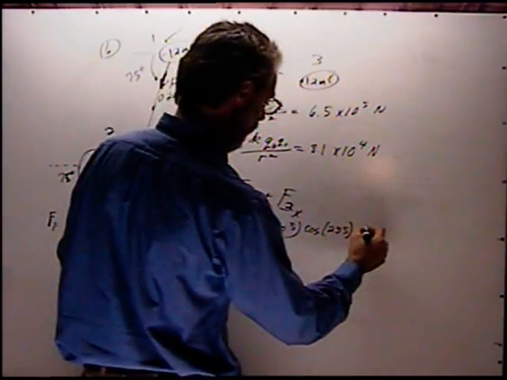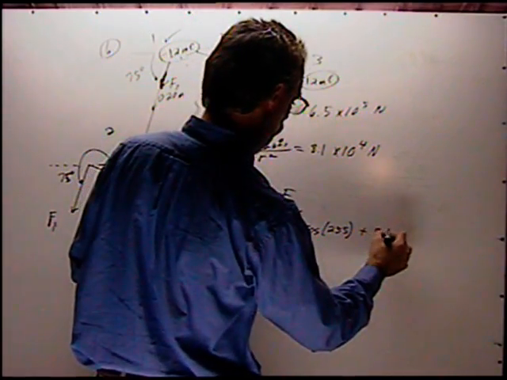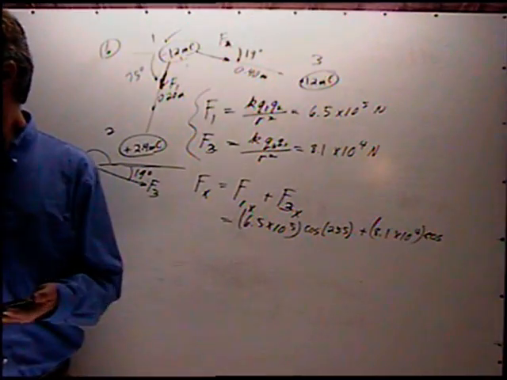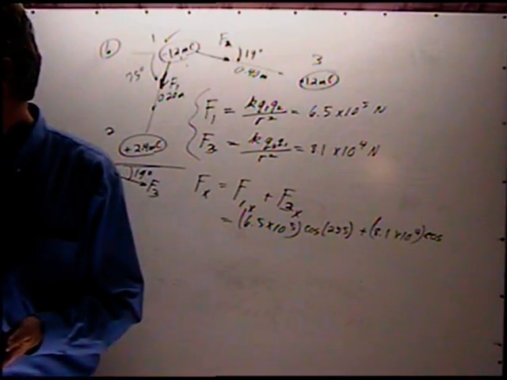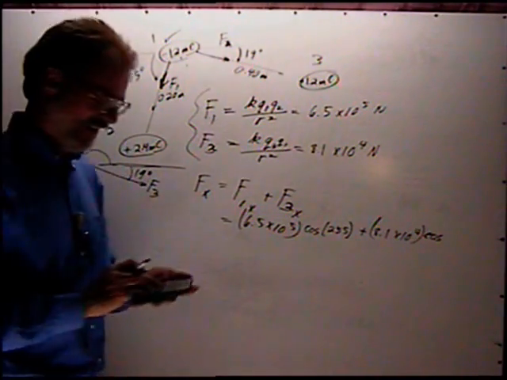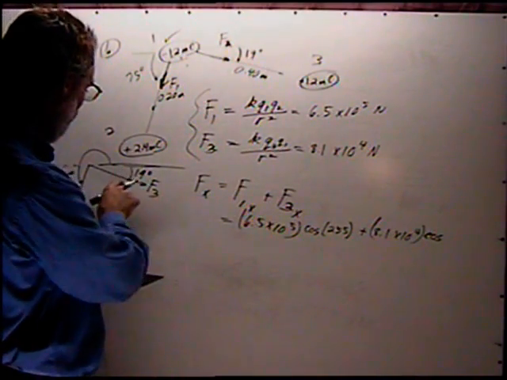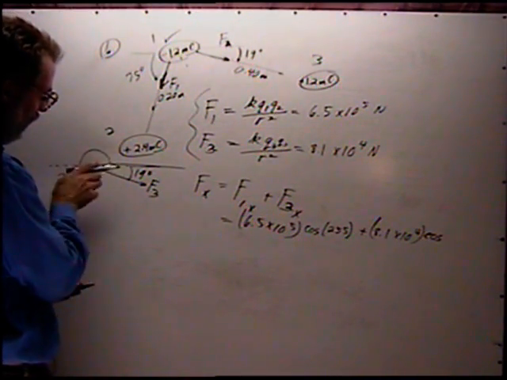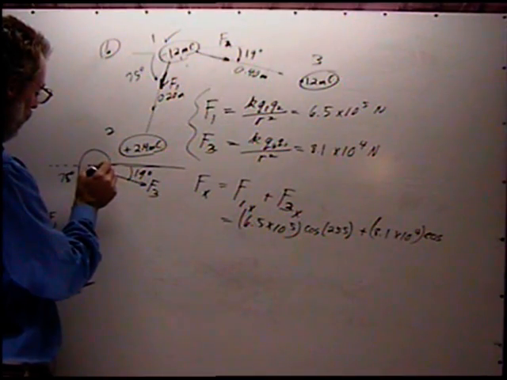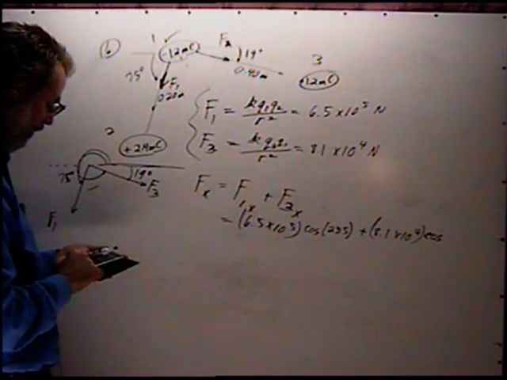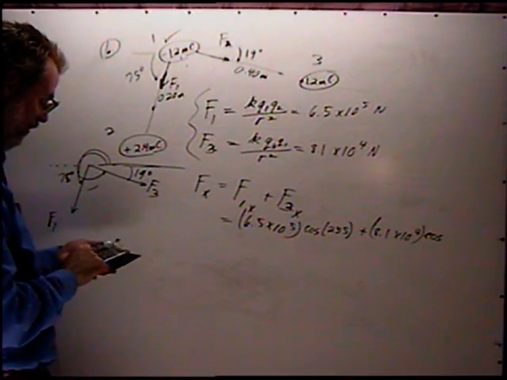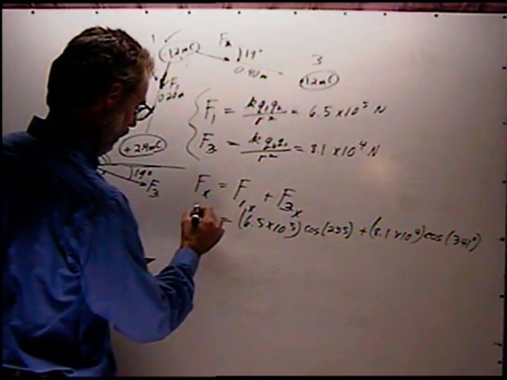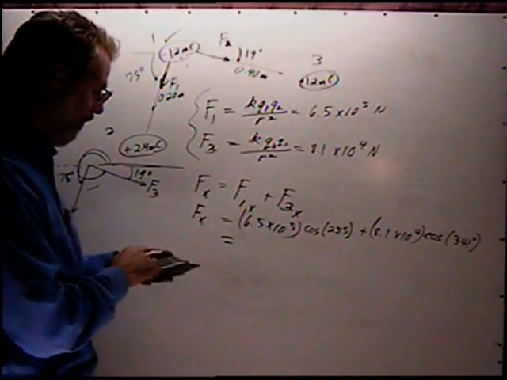And I'll add to that this 8.1 times 10 to the 4th times the cosine of, if I go all the way around here, it's going to be 360 degrees minus 19 degrees, so it would be 341.